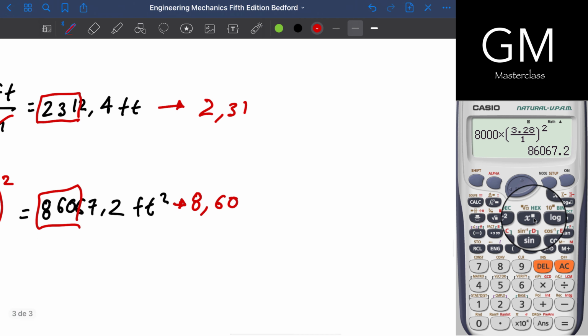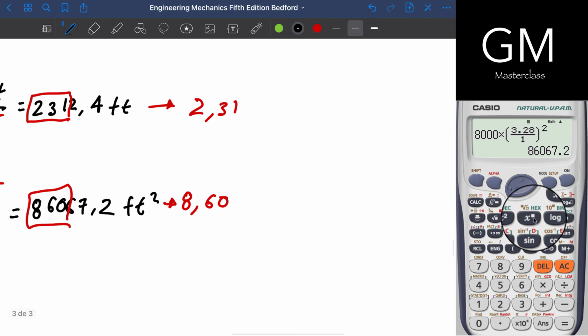Now that I have the 3 significant digits, I have to multiply that result by 10 to a specific power.